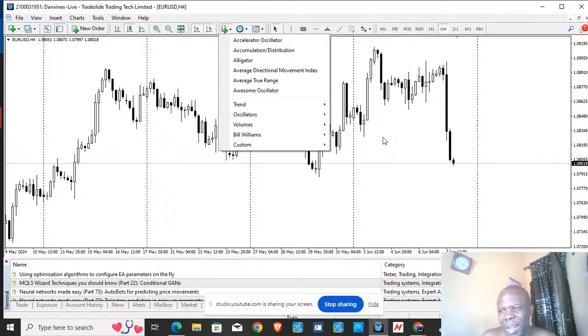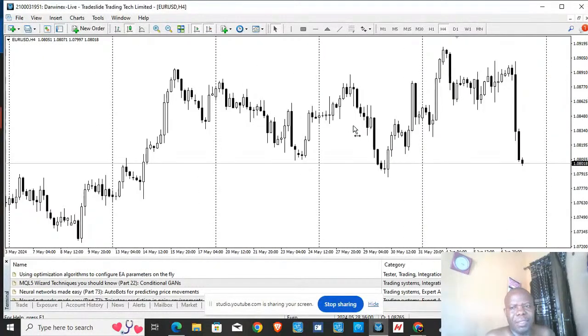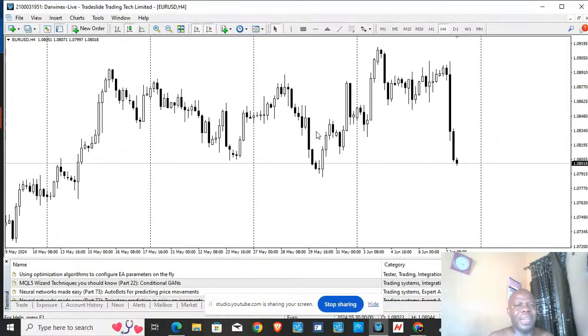And the custom indicator I use helps me map out the demand and supply areas, which is also known as support and resistance. But that's when I'm feeling lazy.